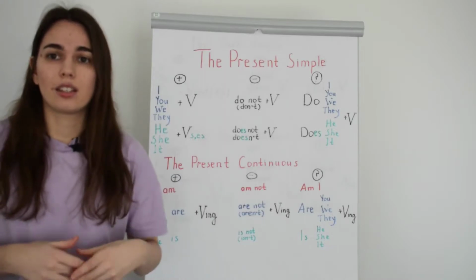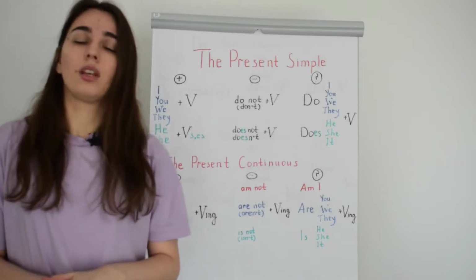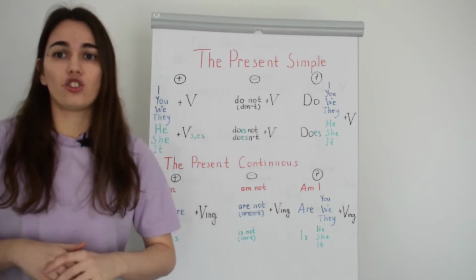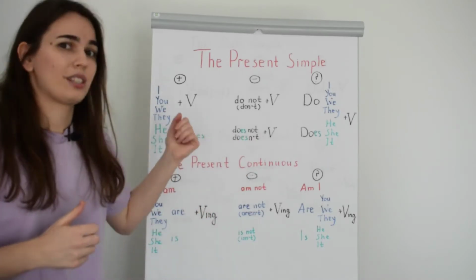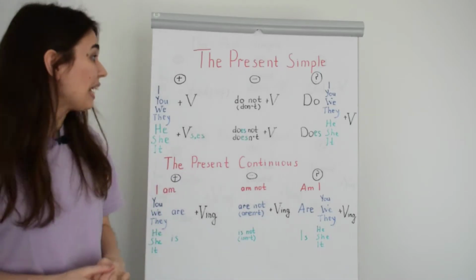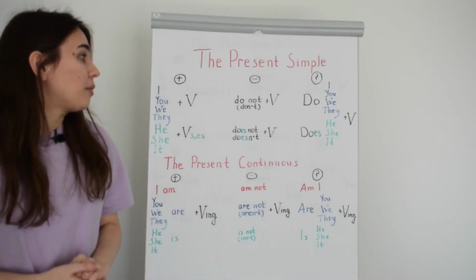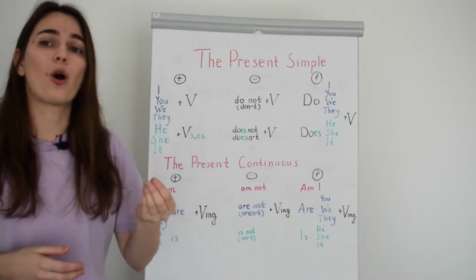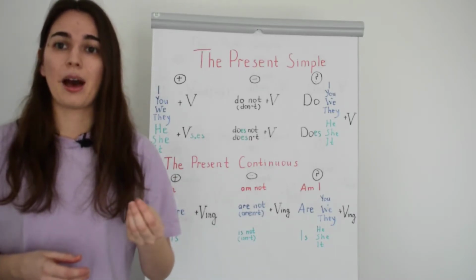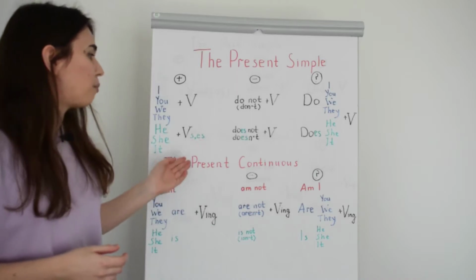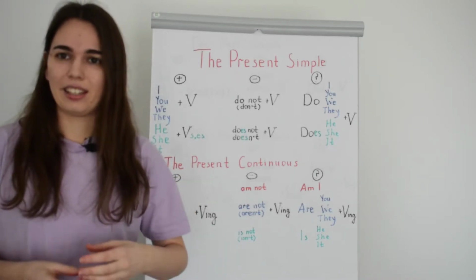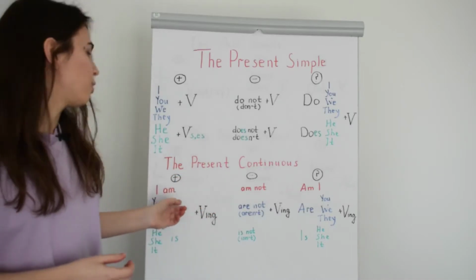Do you meet someone, etc.? For all of these questions in general, we need the present simple. And how does it differ from the next present tense, the present continuous tense? Let's look at its formation first of all.